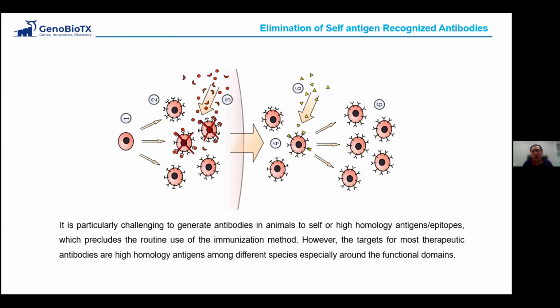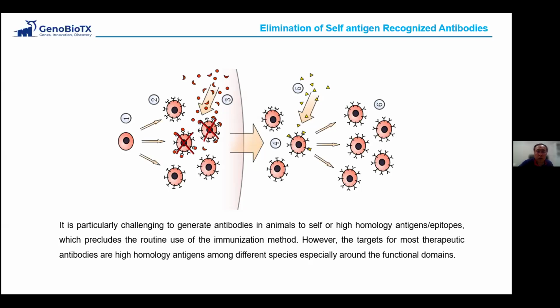No matter whether it is from regular wild-type mice or from fully human antibody mouse platforms, it is really hard to generate antibodies against self or highly homologous antigens, since our body has a mechanism to eliminate those B cells that can produce antibodies recognizing self antigens.